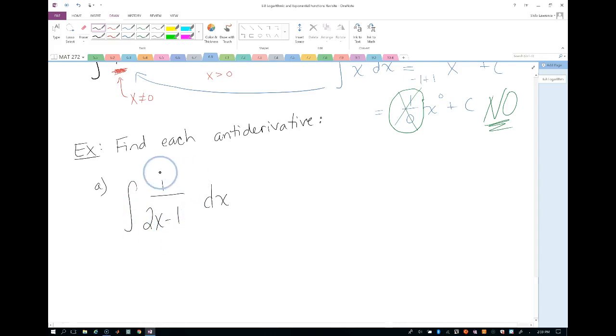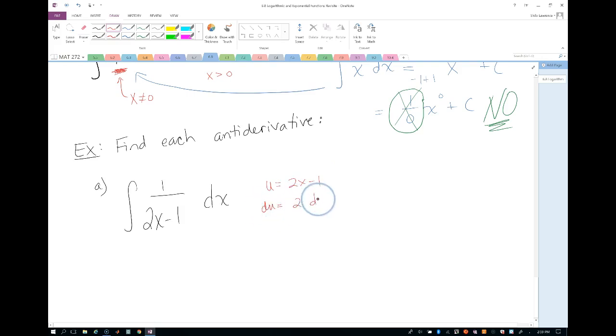So what we have here is a fraction. So a fraction is the outside function, and 2x minus 1 in our denominator is the inside function, because it's just a piece of our integrand. So we need to actually work out a u substitution for this, where u is 2x minus 1.